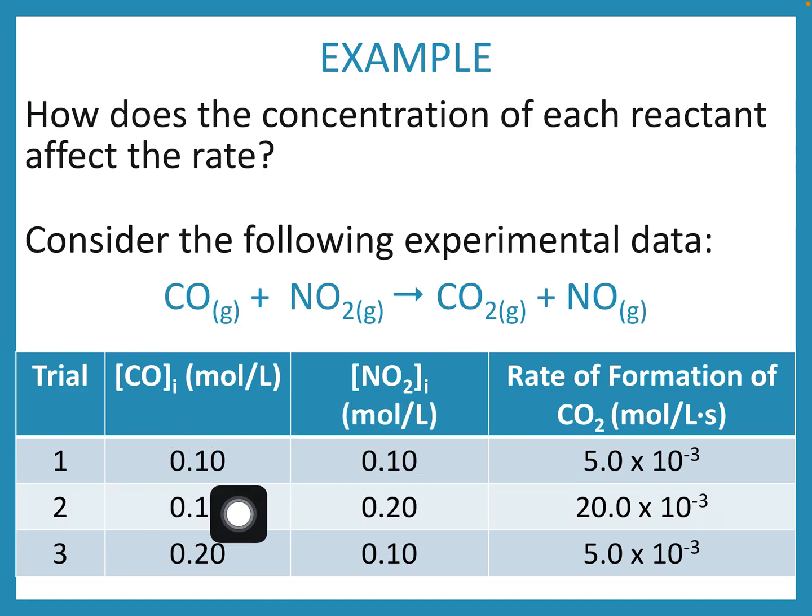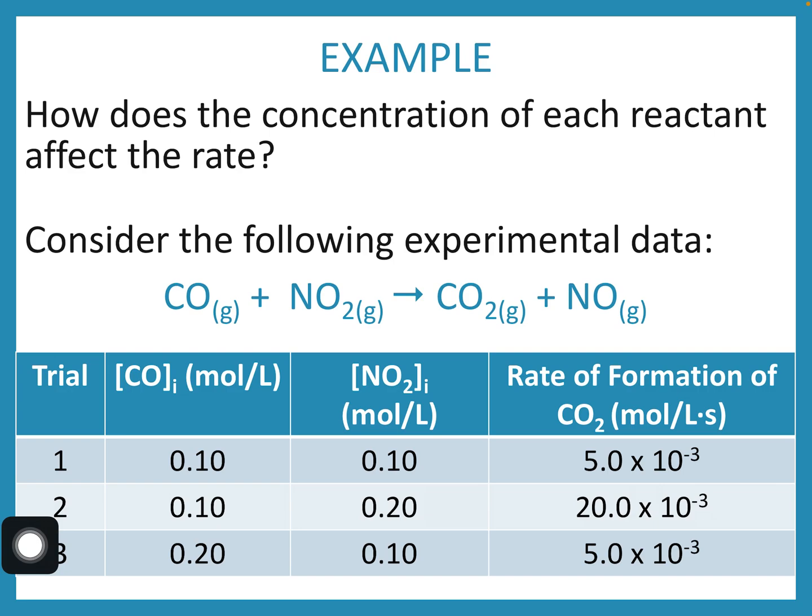Keeping the concentration of carbon monoxide constant between these two trials means that any change in rate can only be attributed to the change in concentration of nitrogen dioxide. And then as we compare trials 1 and 3, the concentration of carbon monoxide has doubled, but the concentration of nitrogen dioxide is constant. So that means that any change in rate is based only on the carbon monoxide concentration.